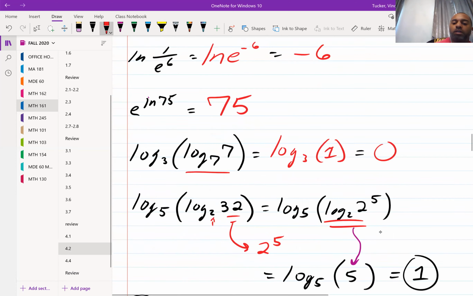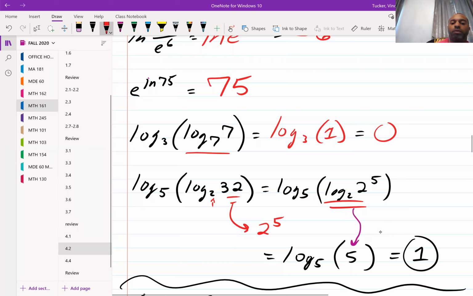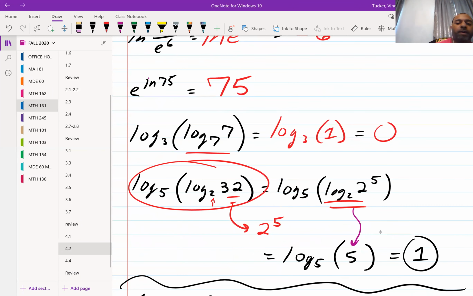All right. And the next one, we start off with log base 5 of log base 2 of 32. Instead of rewriting it, we can just leave it the way it is and walk through what I wrote. We have log base 2 of 32. Since I have this 2 as my base, it would be good if I can rewrite that 32 as an exponent of 2, and that's what I did.